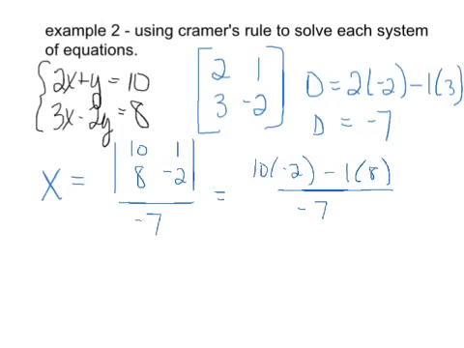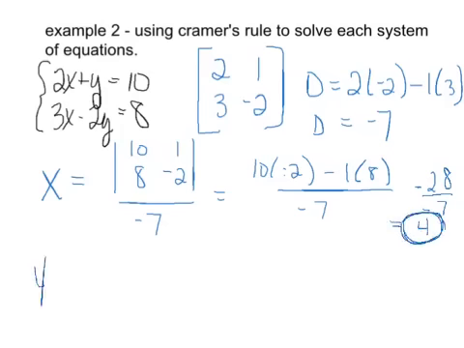Negative 20 minus 8 gives me negative 28 over negative 7, so x equals 4. Okay, let's hold on to that.